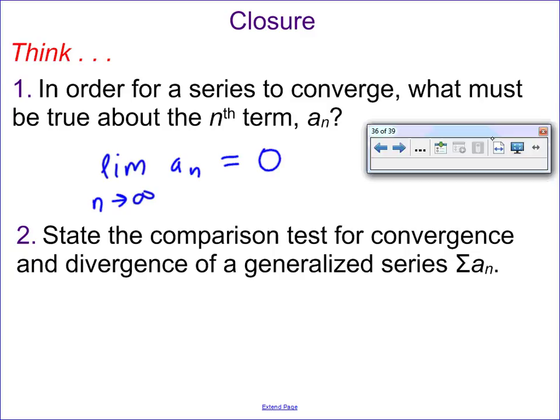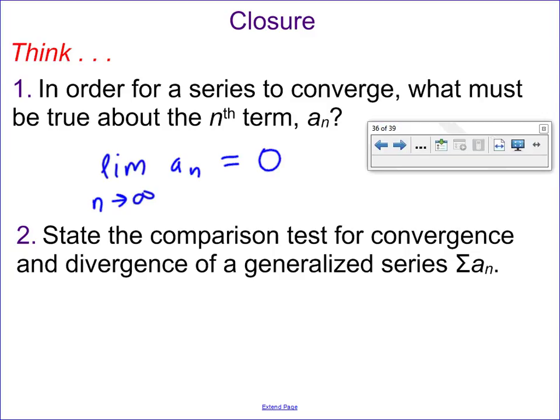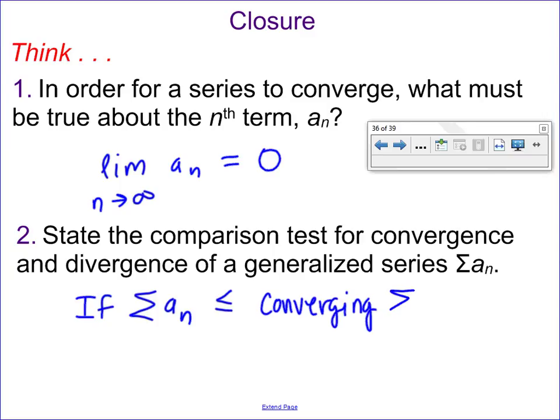State the comparison test for convergence and divergence of a generalized series, the sum of a sub n. So basically, if my series is forever less than or equal to some known converging series b sub n, then a sub n converges also.